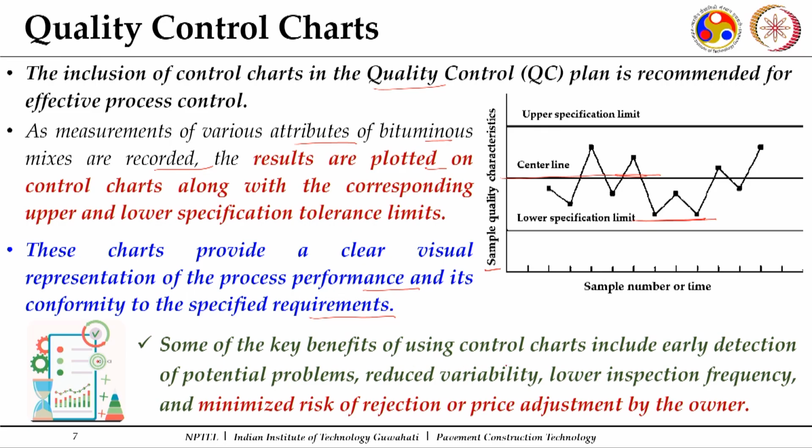Some of the key benefits of using control charts include early detection of potential problems, because see, this is in the field, there at the hot mix plant itself, I can look at the gradation of the stockpile also, because if the source of the stockpile has changed, then its gradation may change. Then when it goes to the cold feed bins, from there through the gathering conveyor, when it goes to the production plant, there may be some changes, some segregation may be happening at the cold bins.